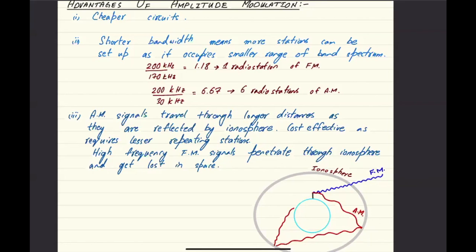If you want to set up an amplitude modulation station with a bandwidth of 30 kilohertz, then with a range of 200 kilohertz, you can set up 200 upon 30, which is like 6 radio stations. So that's also an advantage. With amplitude modulation, with the available band of frequencies, you can set up more radio stations as compared to frequency modulation.